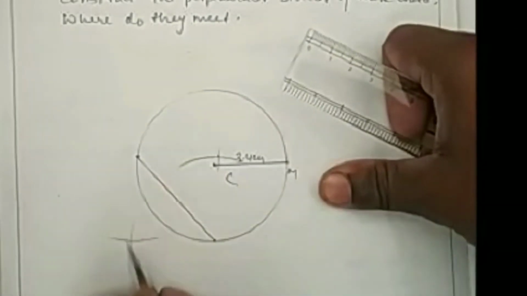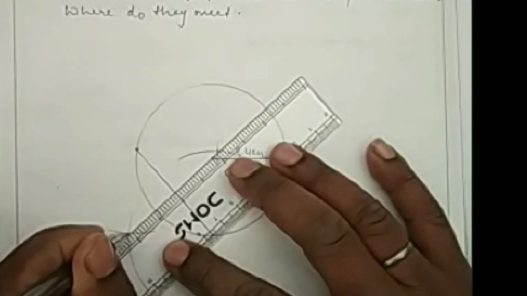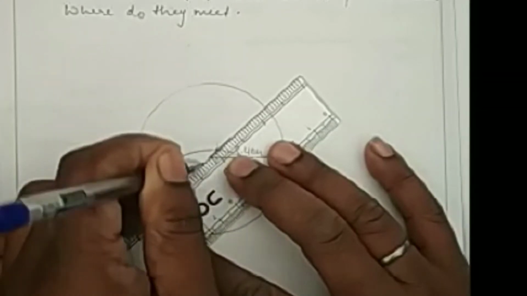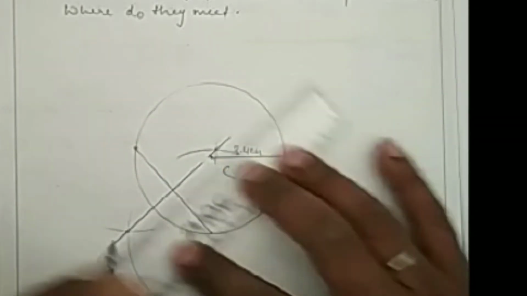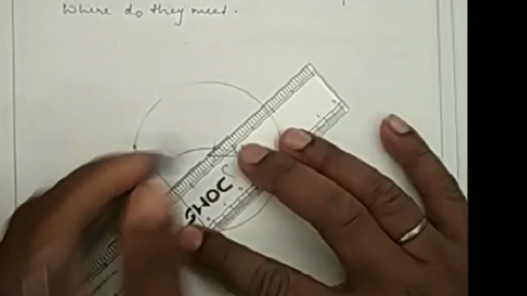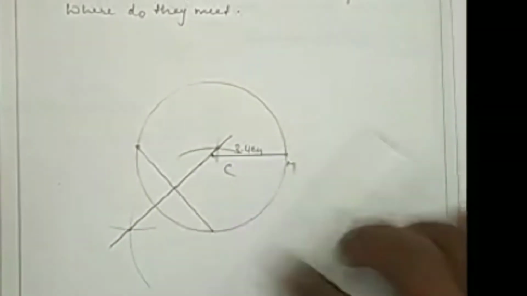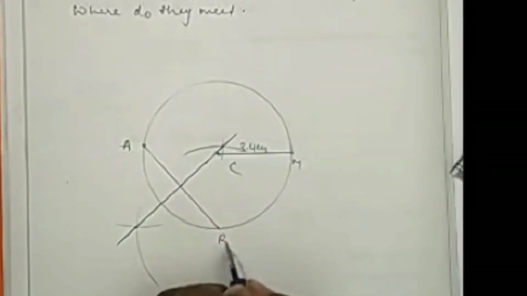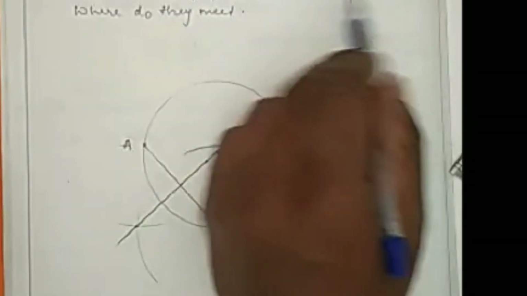Mark these points and afterward join these points. Okay. Now it is saying draw any chord. So this is a chord. I named it as AB. Construct the perpendicular bisector of AB.